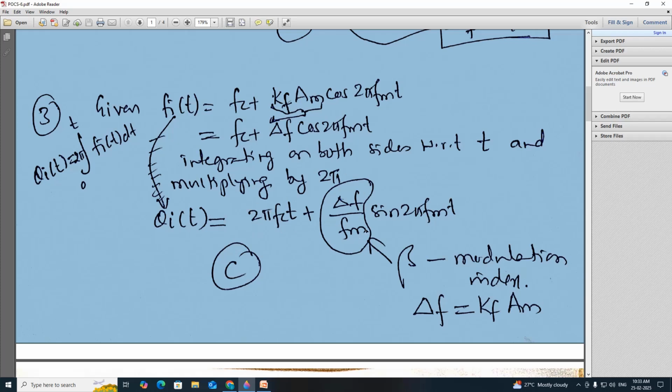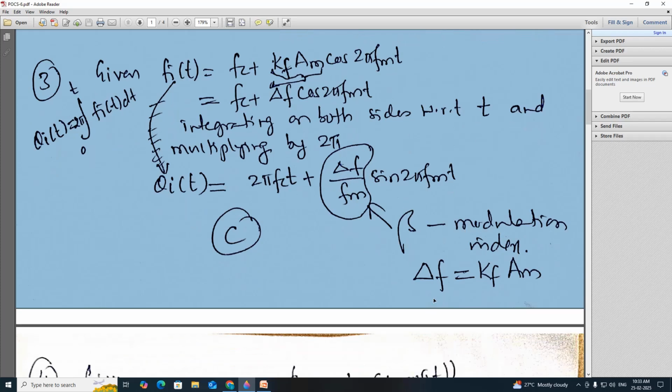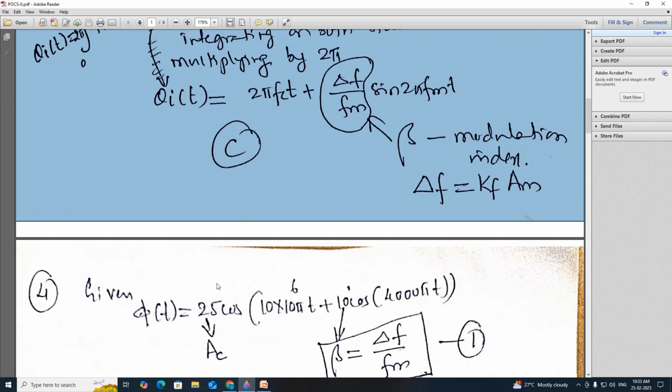The integration of cos is sin 2 pi fm t divided by 2 pi fm, so 2 pi cancels. We get delta F by fm, which we know is the modulation index beta, where delta F is Kf into Am.